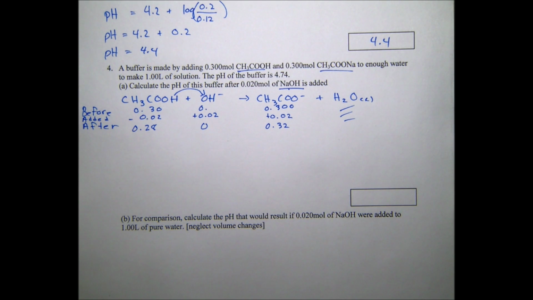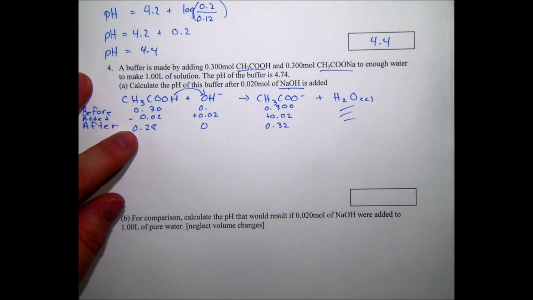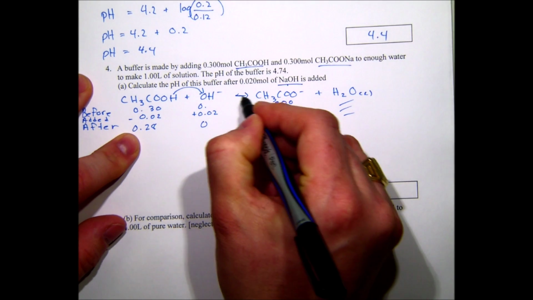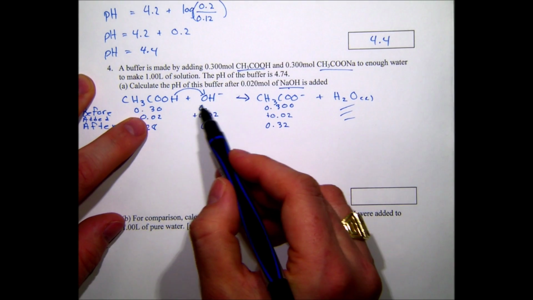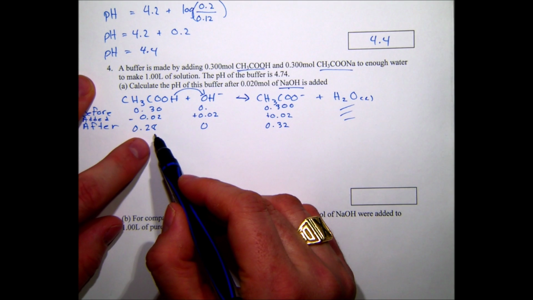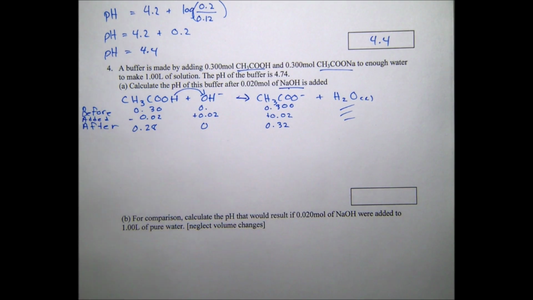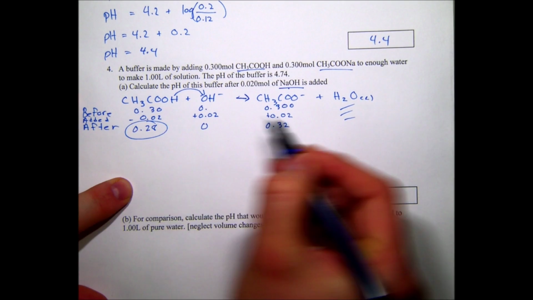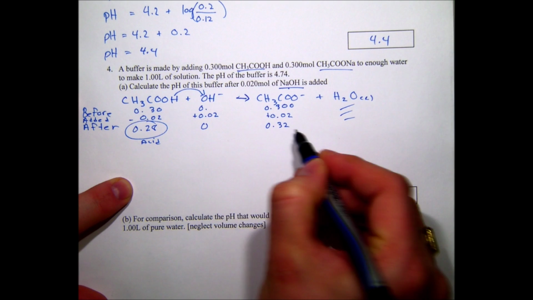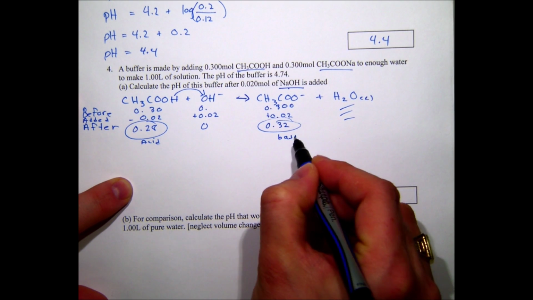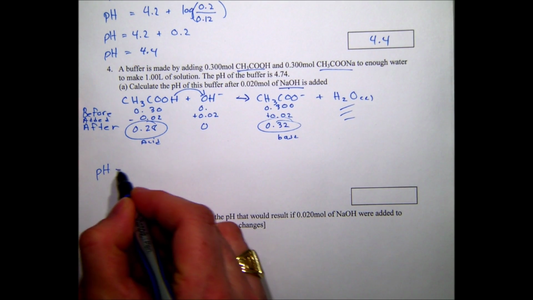So as we look at this situation, what we have is basically just looking at the stoichiometry. This is not an equilibrium, this is a one-way arrow. So basically you add some reactant, it reacts with it and decreases the concentration of acid, but increases the concentration of your base. So now that we have our new acid and our new base, we can go to Henderson-Hasselbalch.